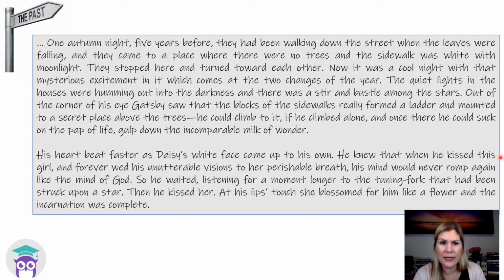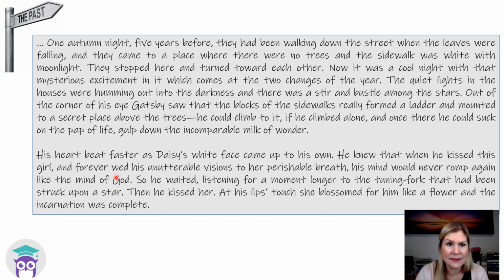He knew that when he kissed this girl and forever wed his unutterable visions to her perishable breath, his mind would never romp again like the mind of God. So this is kind of bringing us back to the beginning of the chapter, the Platonic conception of himself, the concept of him as the Son of God with a mind that can create and build and build and build on who he wants to be.